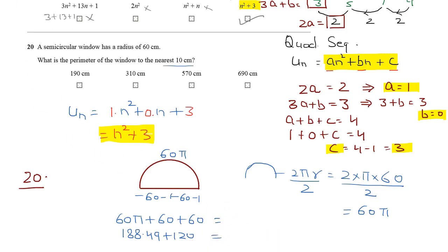So this will be 308.49. Now nearest 10 centimeters, so it should be 0. If we remove 8, this is more than 4, so it will increase here. So this will be 310 centimeters.